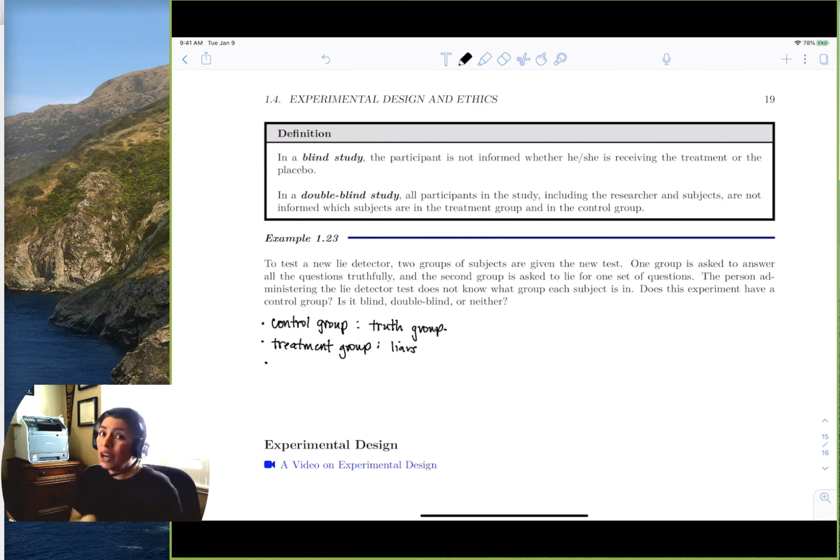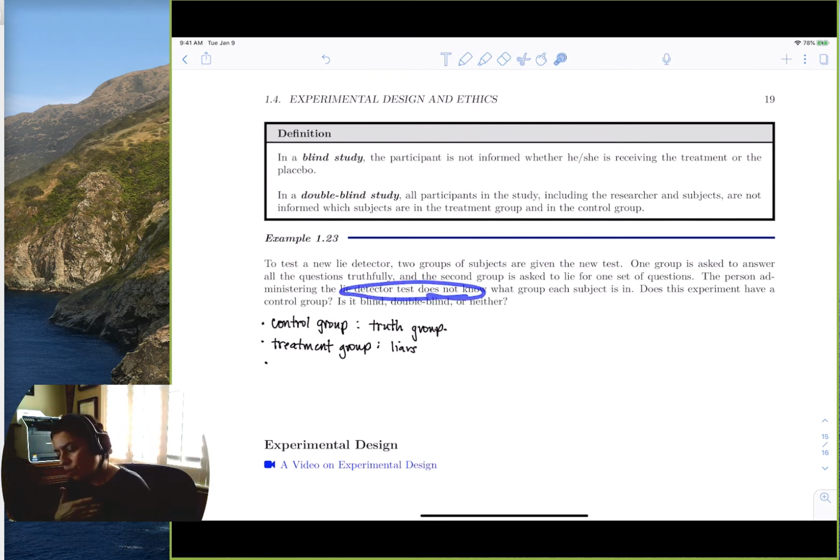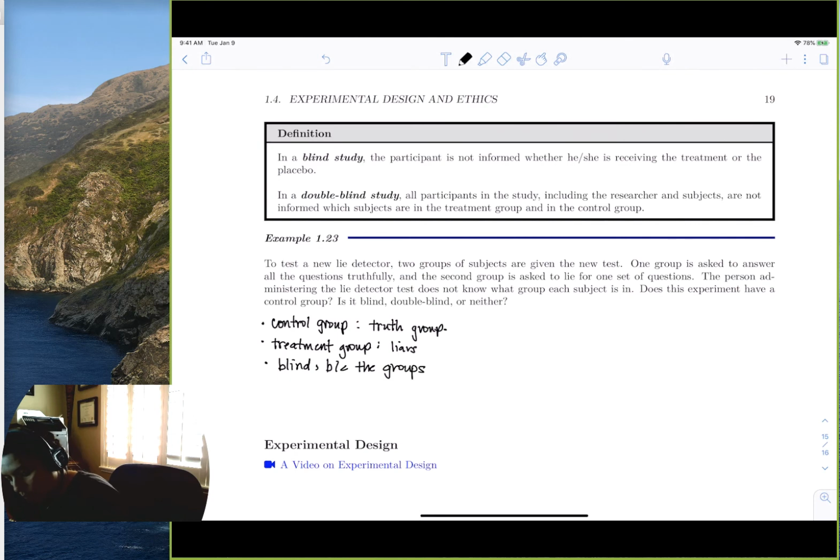So they know what they're supposed to do, and therefore they are the ones that know, but the person administering doesn't know, right? So this means it would be single blind. So it would just be blind. And we could say because the groups know whether to lie or tell the truth.